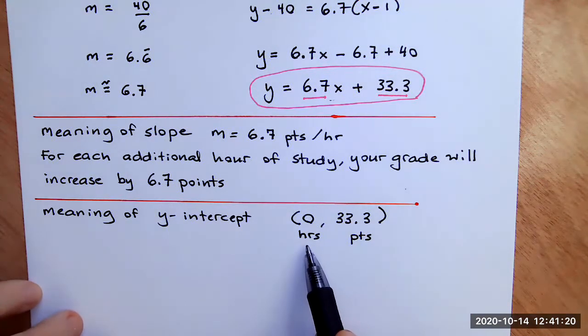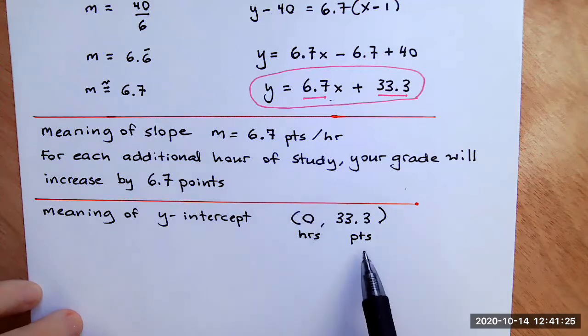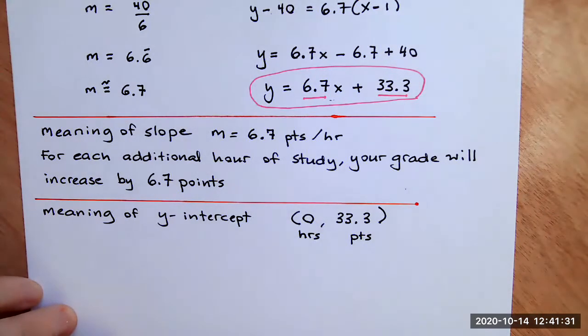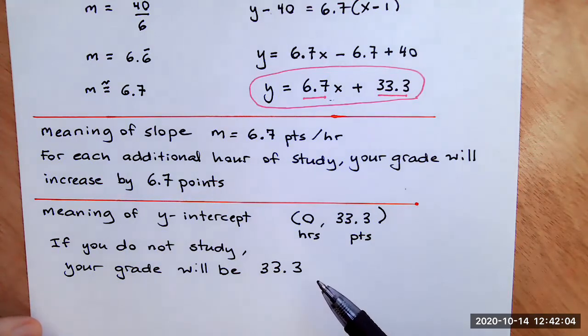So this means if you studied 0 hours, your grade on the exam will be 33.3. So if you don't study at all, your grade will be 33.3 points.